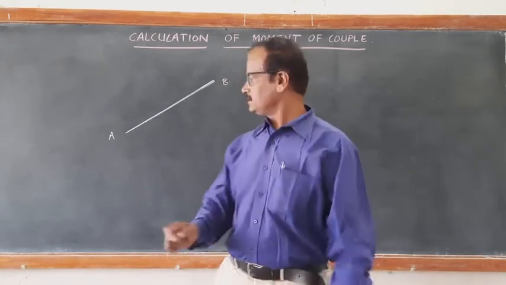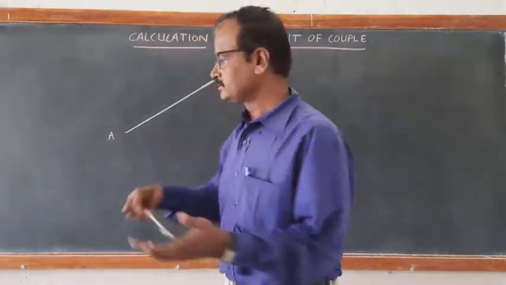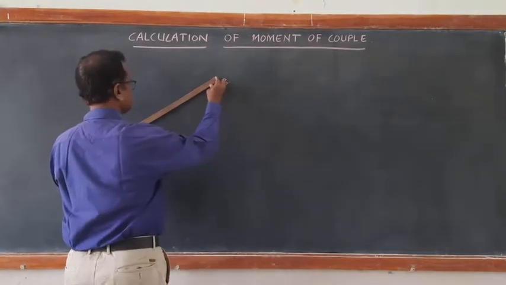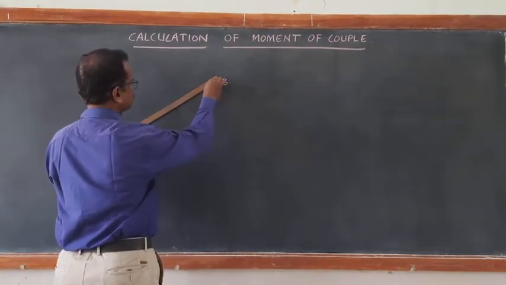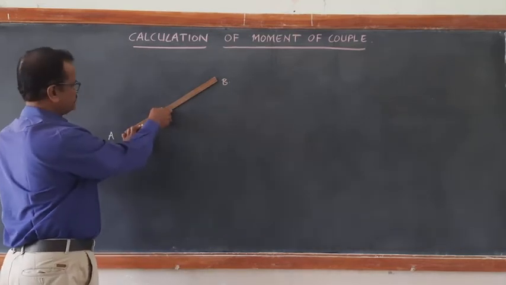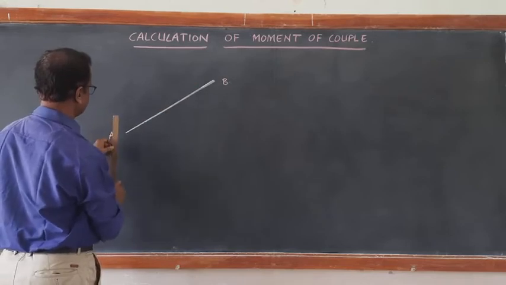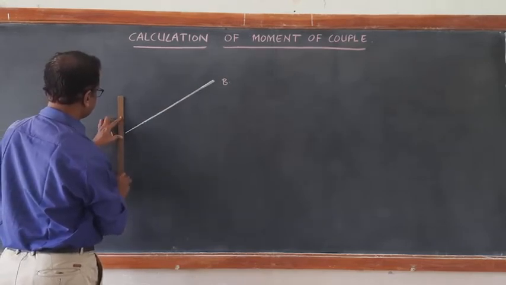Now let us consider a rod AB like this, and it is acted upon by two forces. The two forces are not perpendicular. The forces are acting at an angle. Suppose one force is acting in the vertically upward direction.